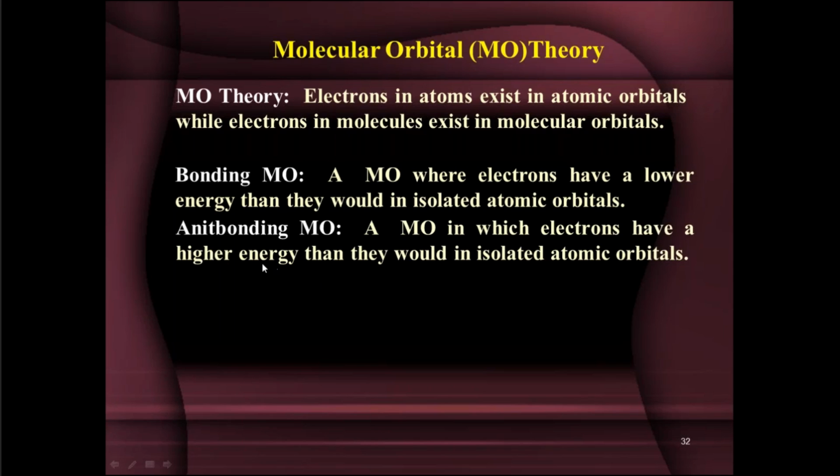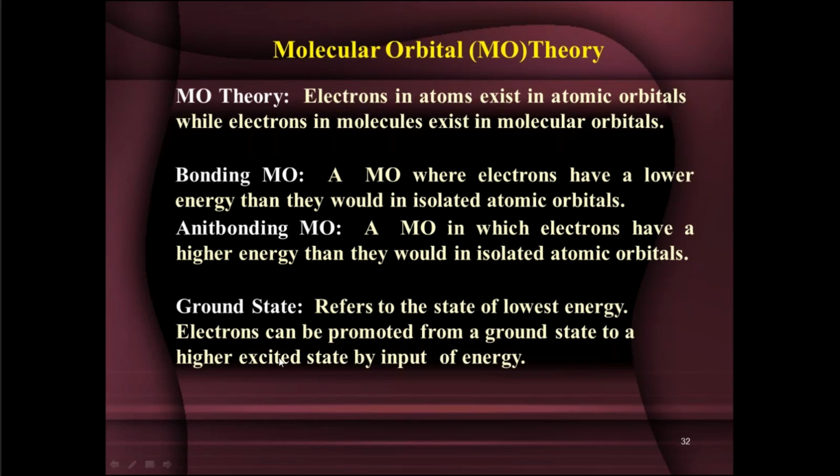What is an antibonding molecular orbital? It's a molecular orbital in which electrons have a higher energy than they would in isolated atomic orbitals. So antibonding molecular orbitals, in other words, have higher energy than the bonding molecular orbitals. Bonding molecular orbitals are the ground state energy levels, and antibonding orbitals are the higher energy or excited states.